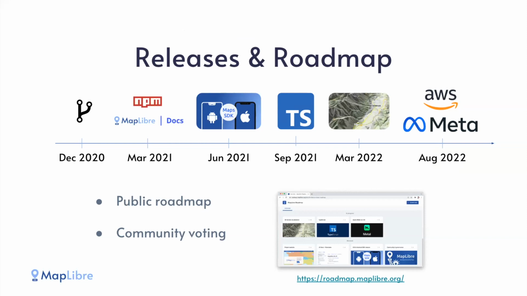And then the community decided to rewrite the entire library into TypeScript, which has been successfully done and launched in September 2021. Then the first contributions came from companies and people who started using it. So there is now a 3D terrain inside of MapLibre, and there are additional improvements and continued development.